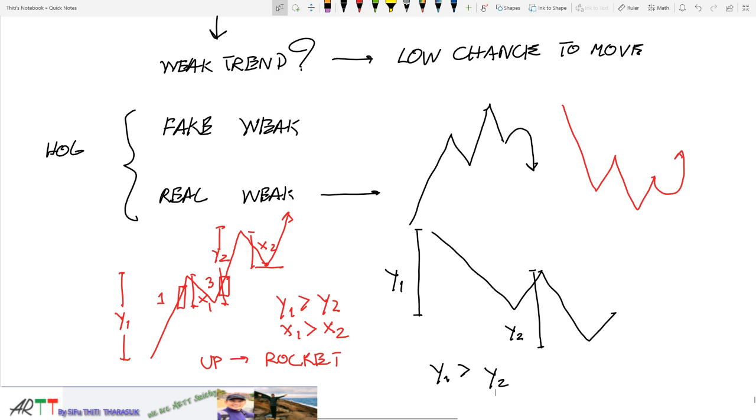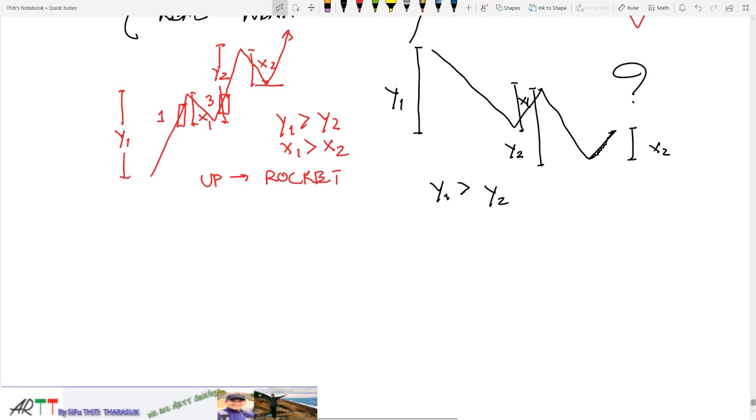After that, in the market, price rebounds. But in rocket pattern, we want x1 more than x2. In this case, we don't know. Our problem is we don't know whether x2 may be shorter than x1 or not.